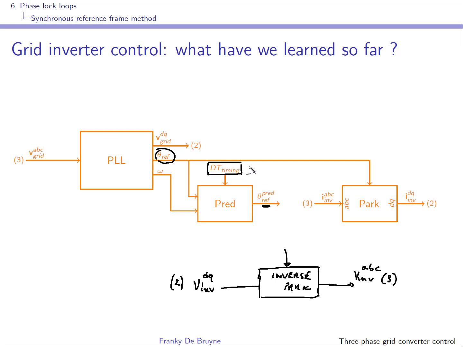On the tri-phase system, this delay, this dt timing here, is 2 to 3 times the sampling period. So instead of using the output of my PLL when I do the inverse Park transformation, I would like to extrapolate things to take into account a delay of 2 to 3 times TS.